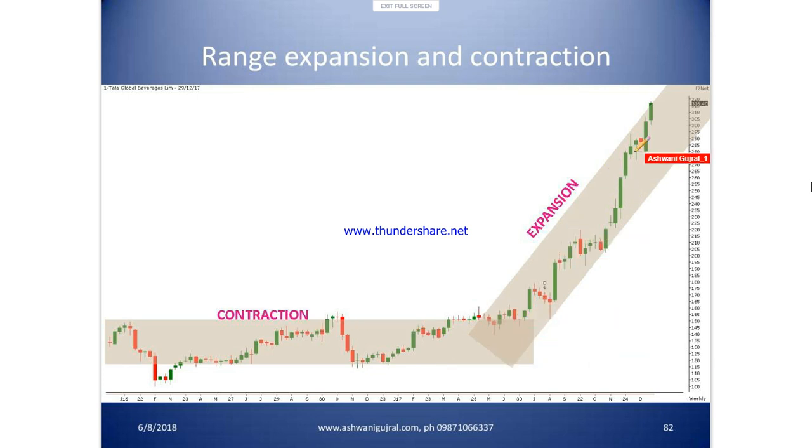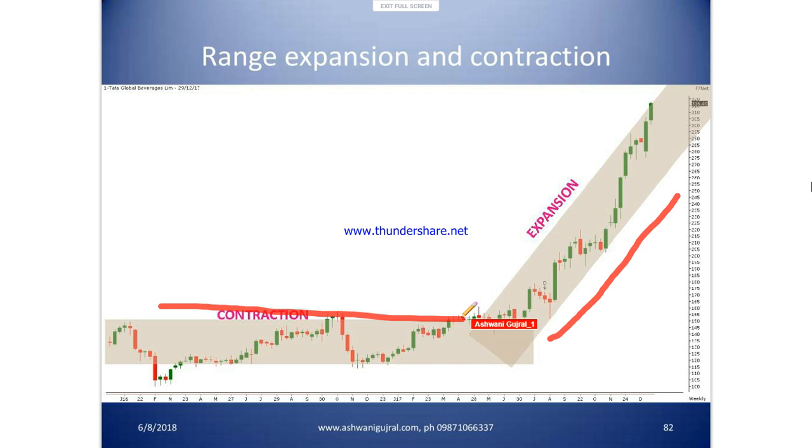Contraction, expansion. This is the time you want to get long on a stock. This is the time to avoid a stock. This is a precondition.